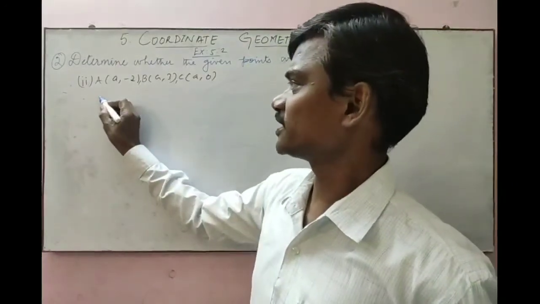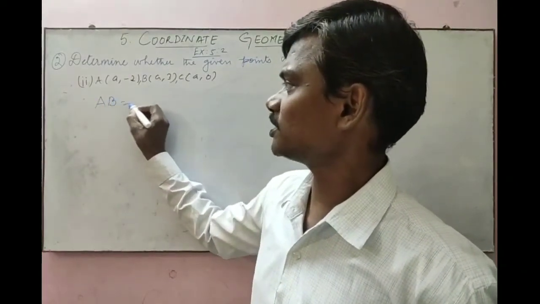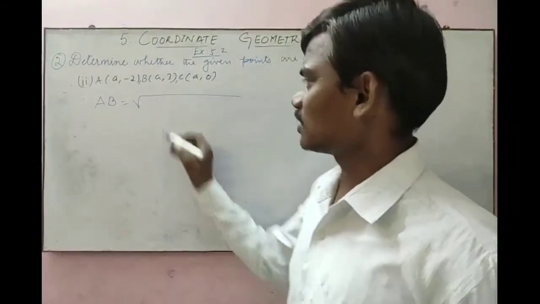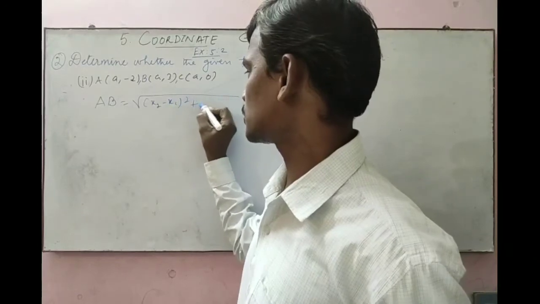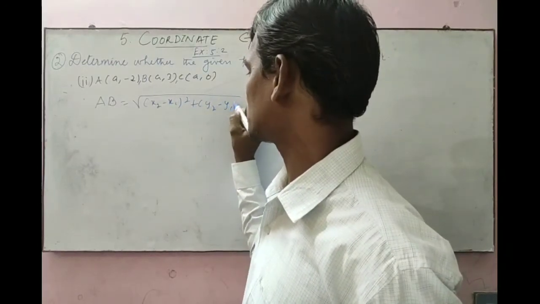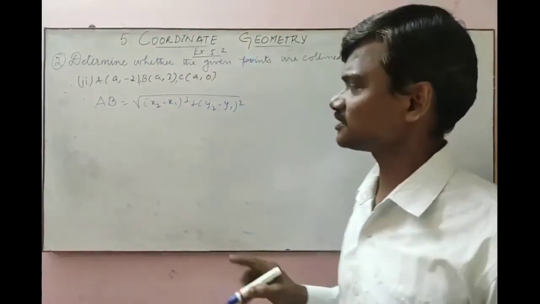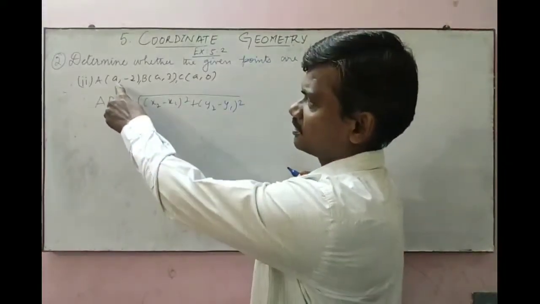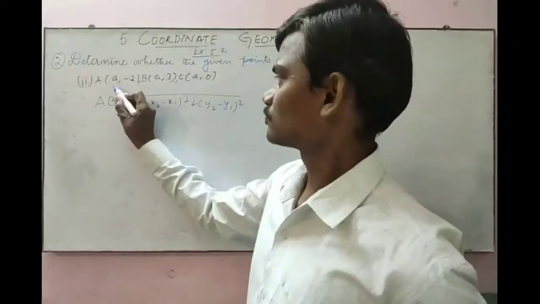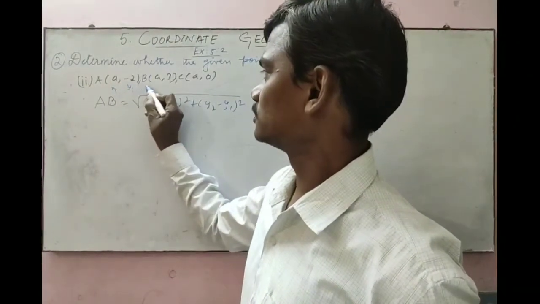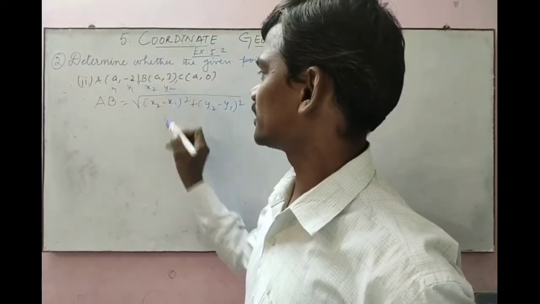So first I am going to find the distance between the points A and B. The formula is the same formula, root of x2 minus x1 whole square plus y2 minus y1 whole square. You just write it one time, it is enough. Keep this as x1 and y1, here x2 and y2.